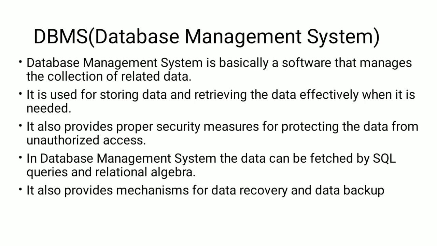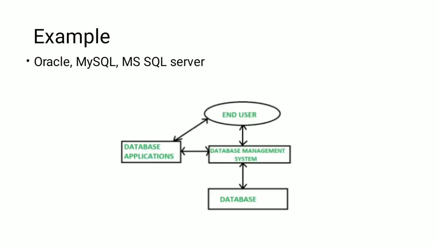Let's see an example of DBMS: Oracle, MySQL, MS SQL Server. Here there is the database, database application, database management system, and end user. The end user interacts with the DBMS through the database application. Then the DBMS interacts with the actual database.